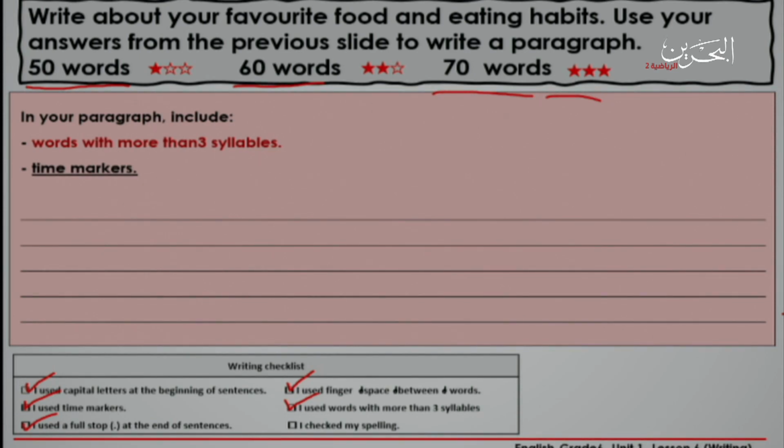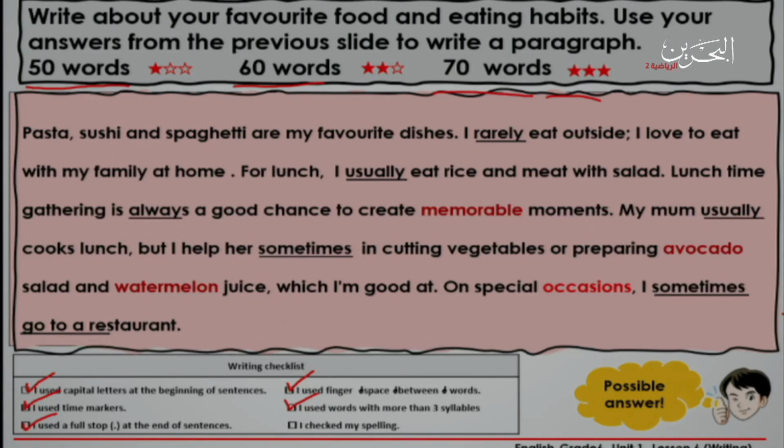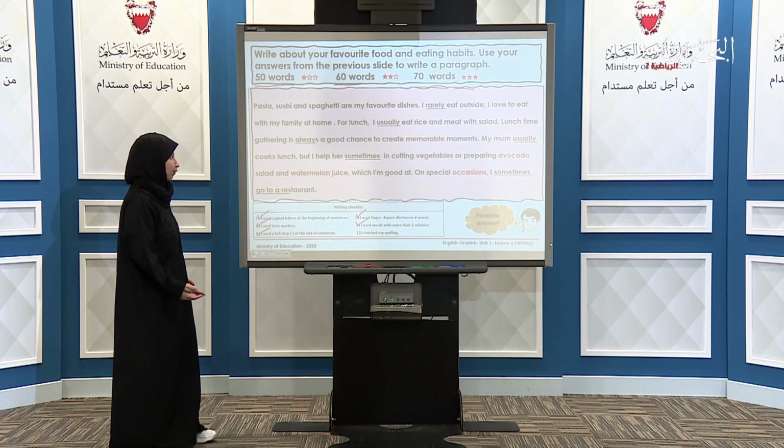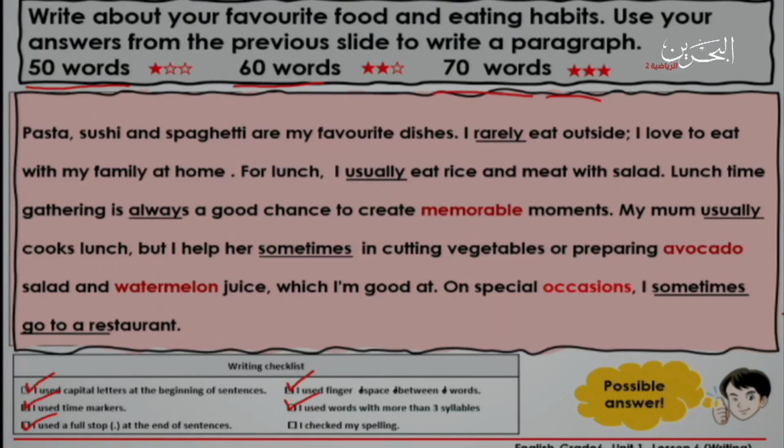Now we'll be having a suggested answer. Pasta, sushi, and spaghetti are my favorite dishes. I rarely eat outside. I love to eat with my family at home. For lunch, I usually eat rice and meat with salad.